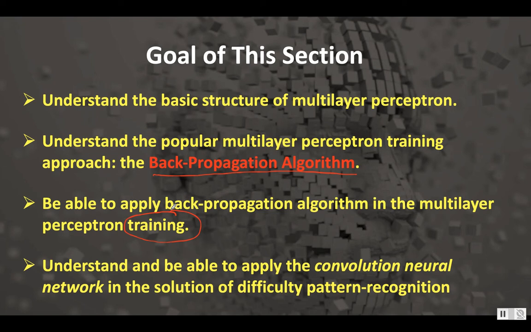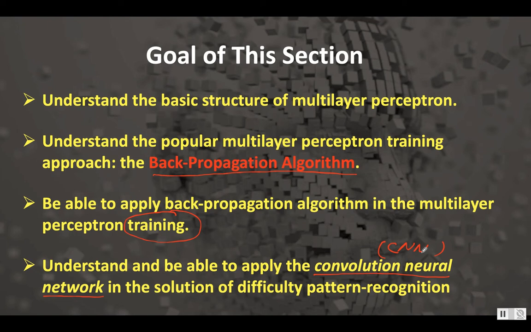The last goal is to understand and be able to apply the convolutional neural network, the CNN, in the solution of difficult pattern recognition problems. I bet you have heard this name a lot. The CNN is a very powerful tool in image processing, computer vision, and many other applications.